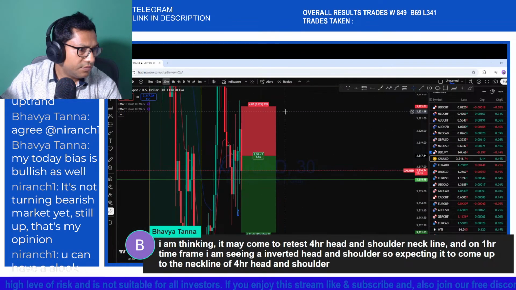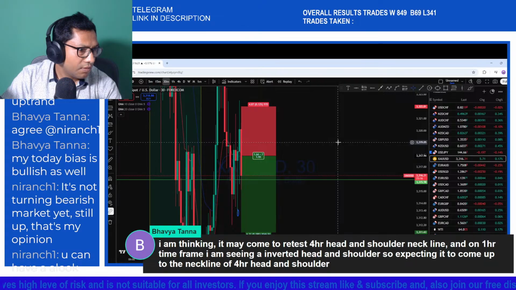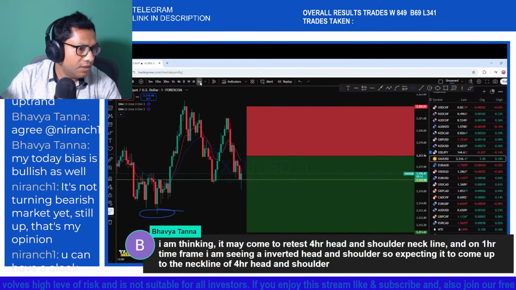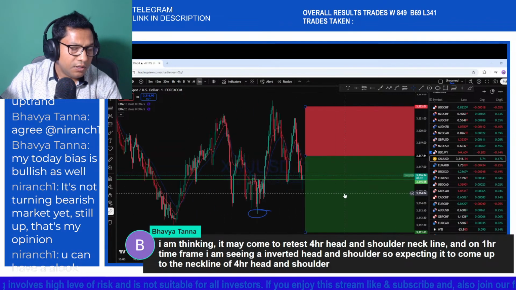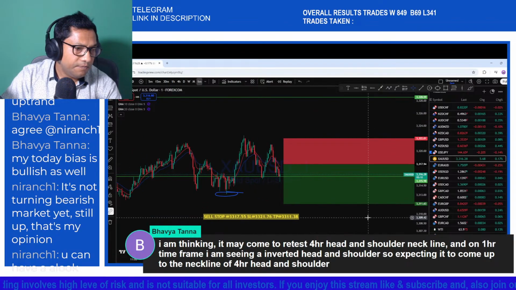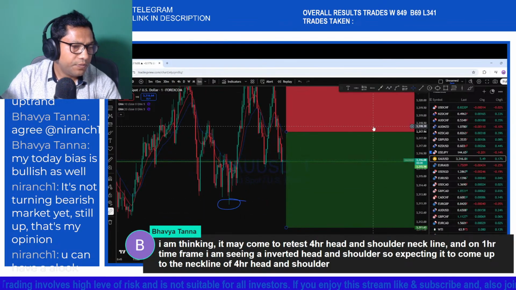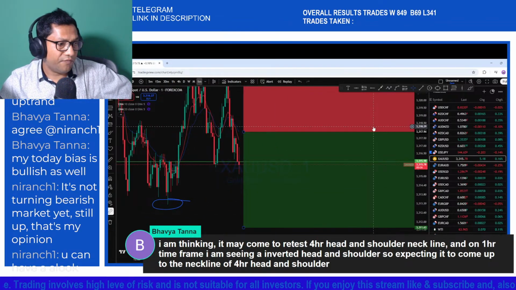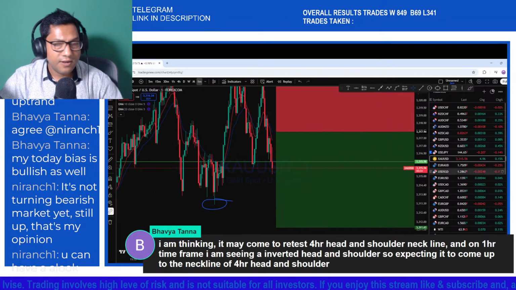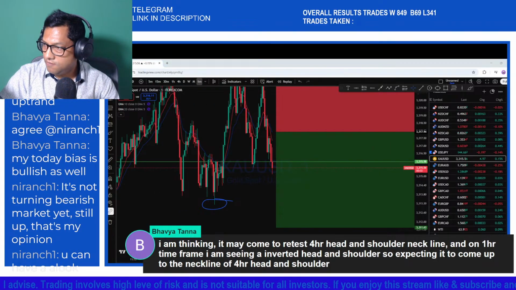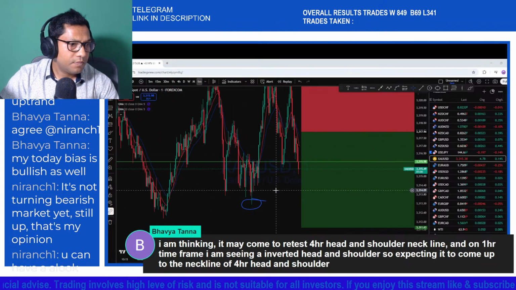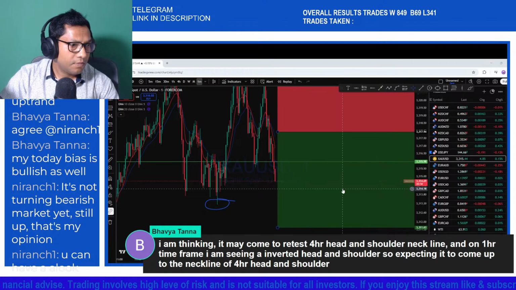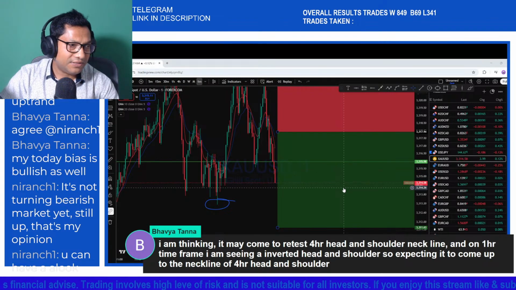On the 30 minutes and the 1 minute chart, we can see a doji which is showing possible further bearish. I'm holding on to that, and boom, that's the one we need to see.